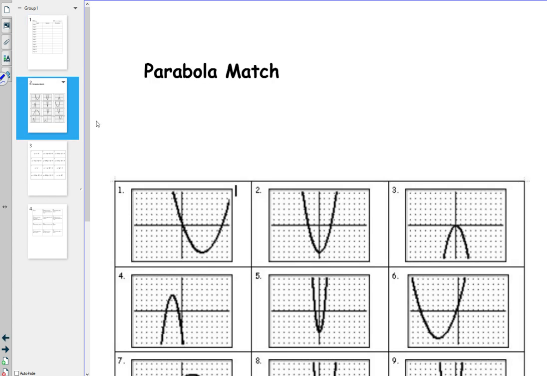Okay, so you go to the page that shows you a picture of graph 1, and for graph 1, let's identify our A, H, and K. So what does it look like H is there? 4, yeah, because the vertex is 4 units to the right.